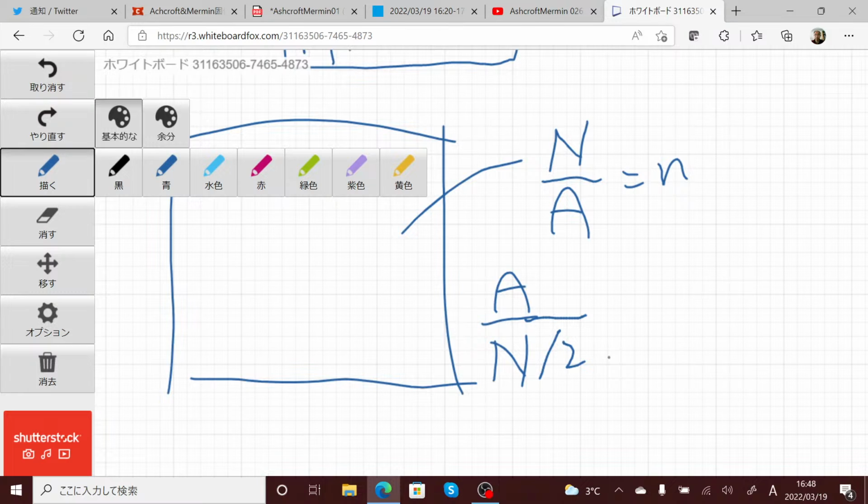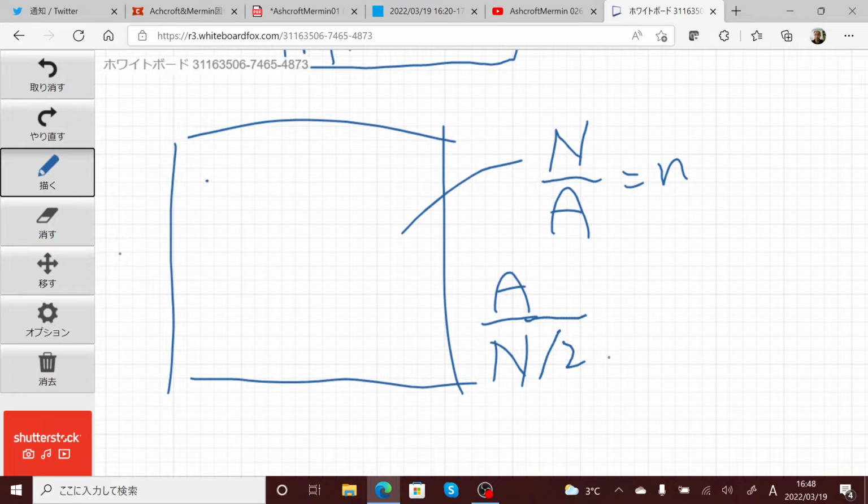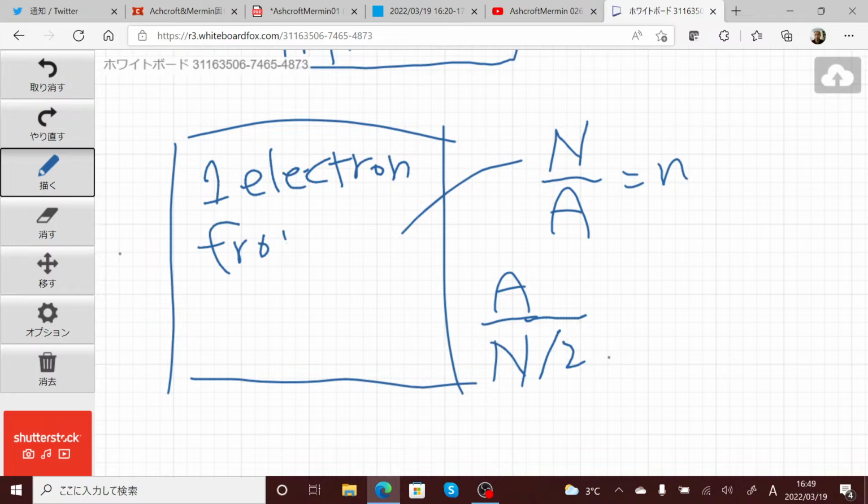Because we have spin up and spin down. If we consider 1 electron from 1 atom, this is my assumption.